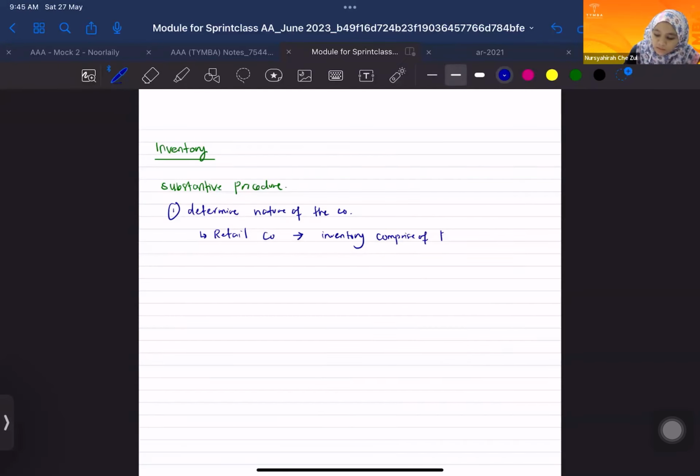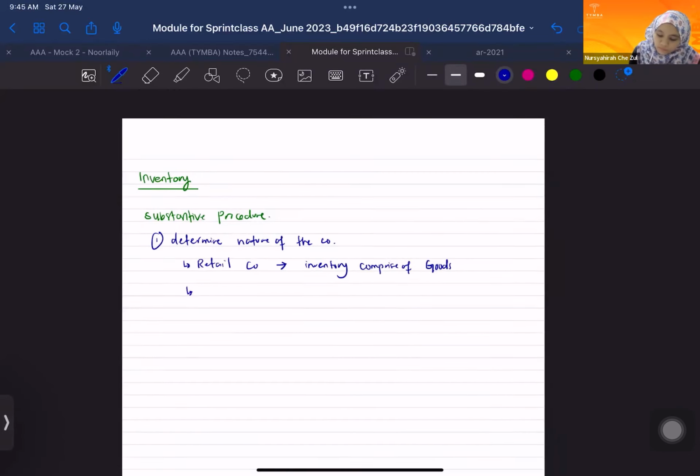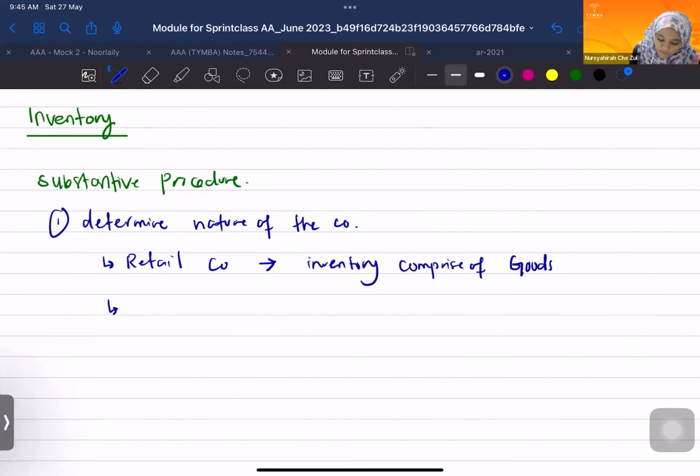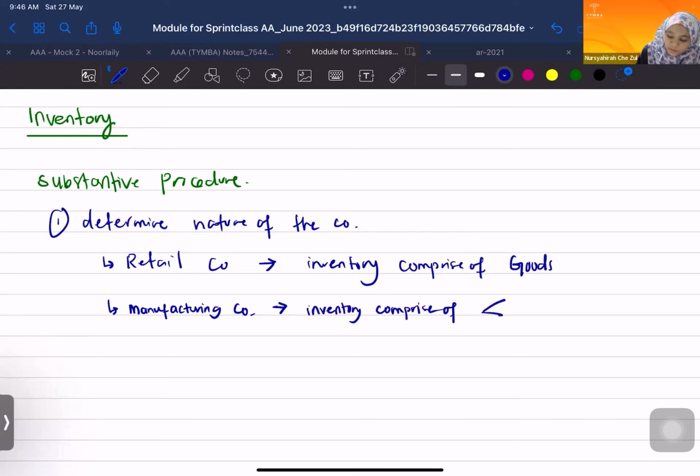However, if your client is a manufacturing company, then inventory comprises raw material, work in progress, and finished goods.